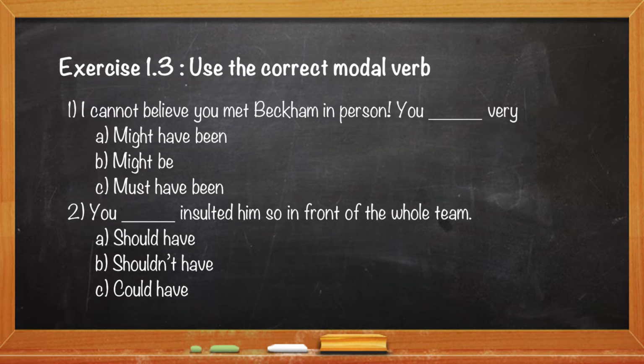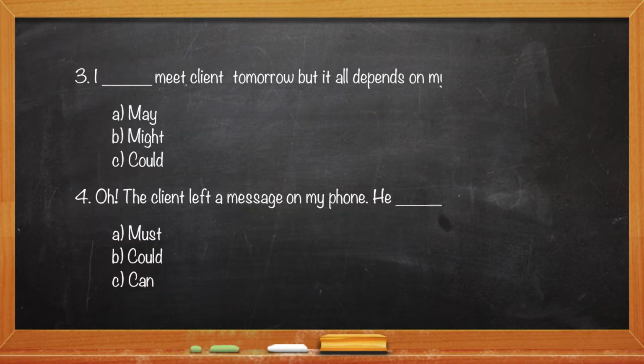Now, use the correct modal verb here in these exercises. One: I cannot believe you met Beckham in person. You dash very excited. Might have been, might be, must have been. Two: You dash insulted him in front of the whole team. Should have, shouldn't have, could have. Number 3: I dash meet the client tomorrow, but it all depends on my schedule.